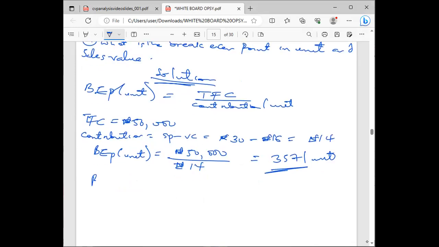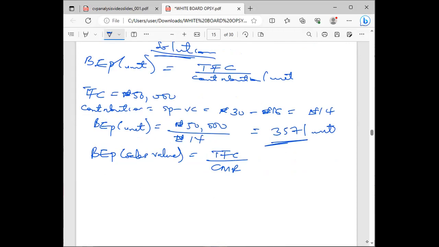The break-even point in sales value is total fixed cost all over CMR. We know our total fixed cost, but our CMR is defined as our contribution all over selling price.